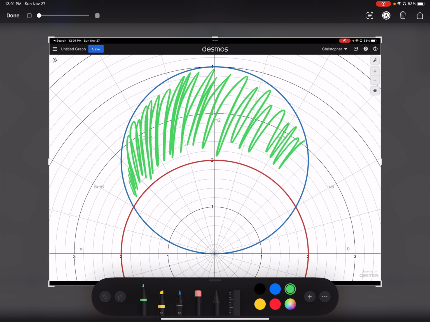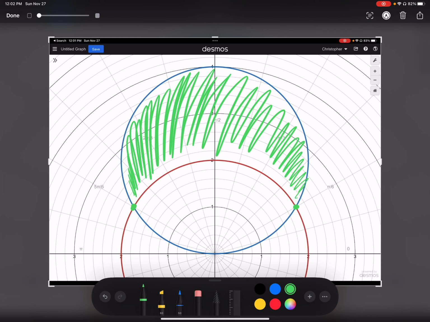We want that part. So now clearly they intersect at pi over 6 and 5 pi over 6, and r is going to start at 2 and go up to the outer curve. It varies based on where you are.